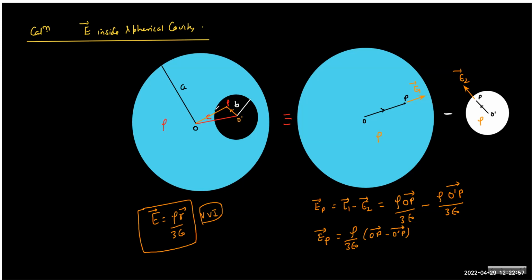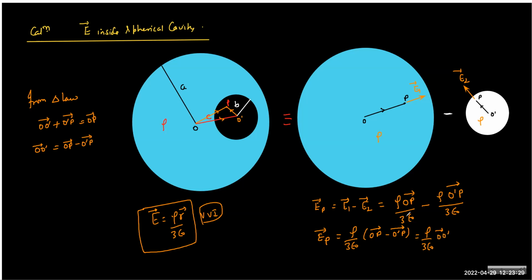So this is O dash P, this is OP, and this is OO dash. In the triangle, OO dash vector plus O dash P vector is OP vector. So OO dash is equal to OP minus O dash P. And therefore this turns out to be rho upon 3 epsilon naught into OO dash.